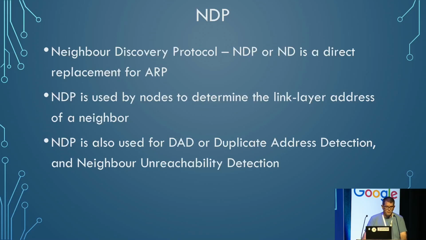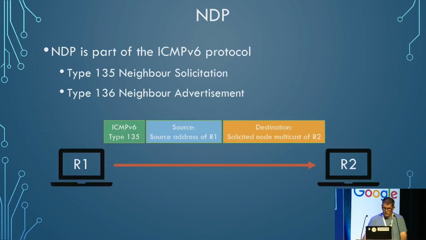NDP is a direct replacement for ARP, which is used in IPv4 to detect the link layer address of a neighbour. Like RA, it's an extension of the ICMPv6 protocol and has additional functions like DAD, which is duplicate address detection, and neighbour unreachability detection. So it uses 135 and 136.